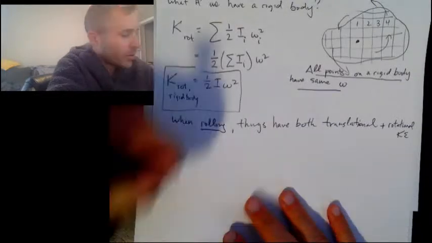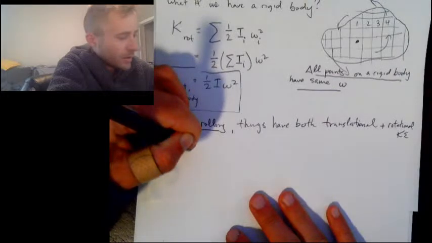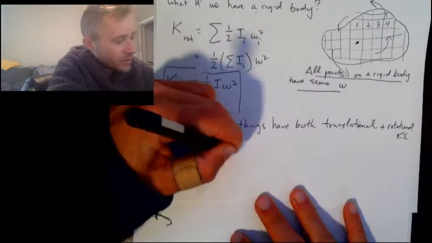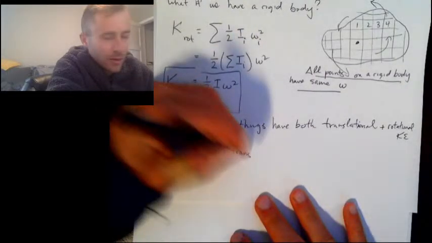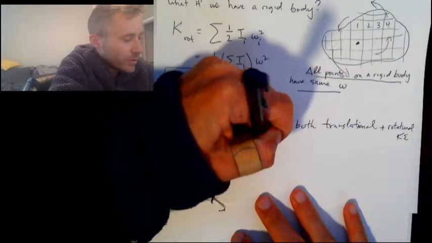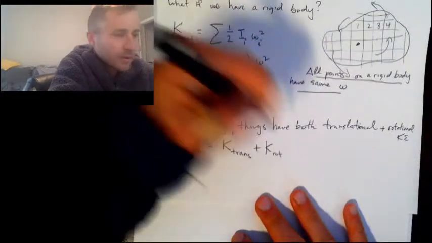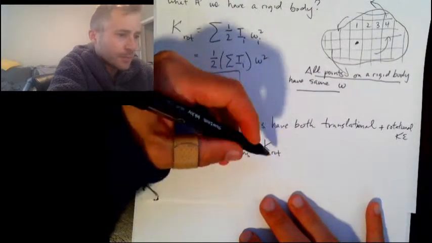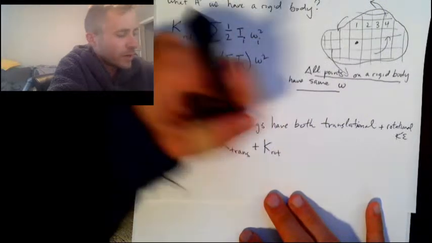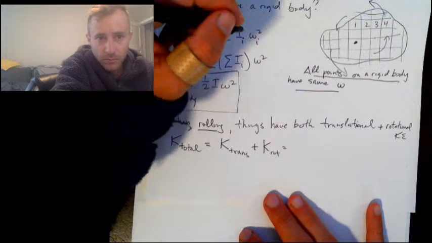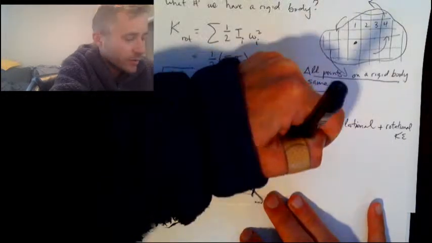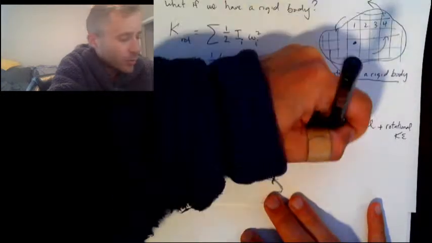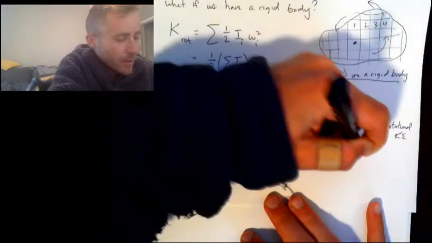And so the total kinetic energy is just going to be the sum of the translational kinetic energy and the rotational kinetic energy. Okay? Now the formula for translational kinetic energy is just the same old kinetic energy formula. It's 1/2 mv squared. And the rotational kinetic energy is 1/2 I omega squared.